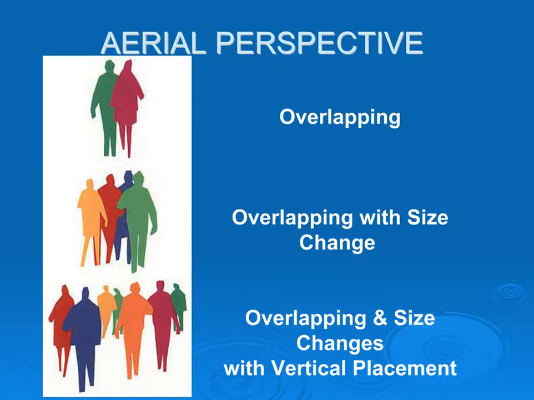So the first thing we do in order to create that aerial space is a simple placement of objects where one is on top of the other, the one closest to us, and then we have one back behind it. The second one is overlapping with size and change, where we have all of the characters or the landscape overlapping, and we change the size of things.